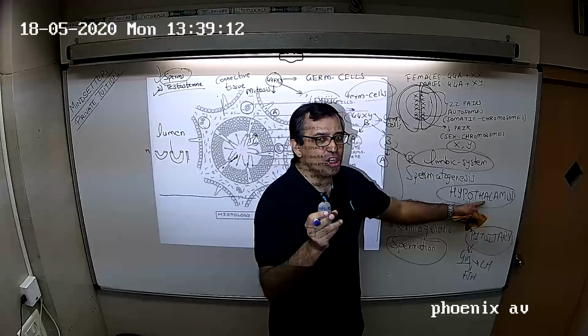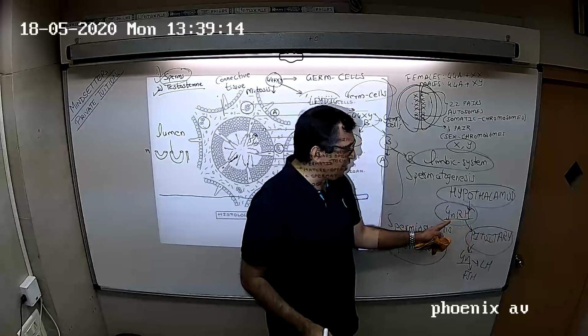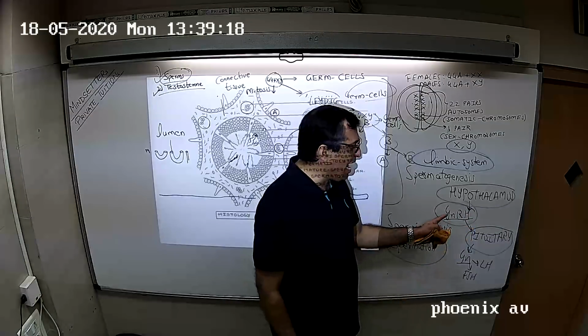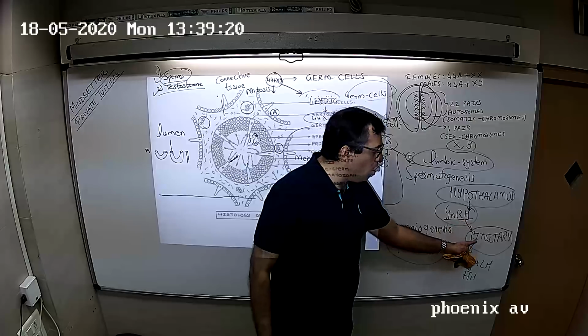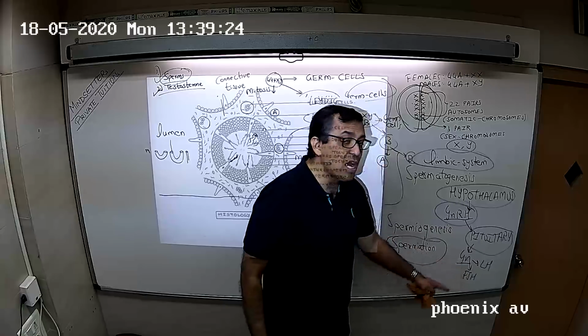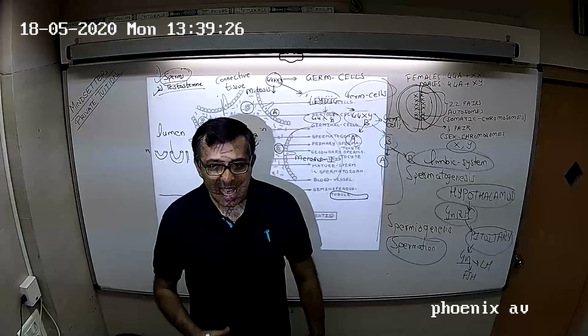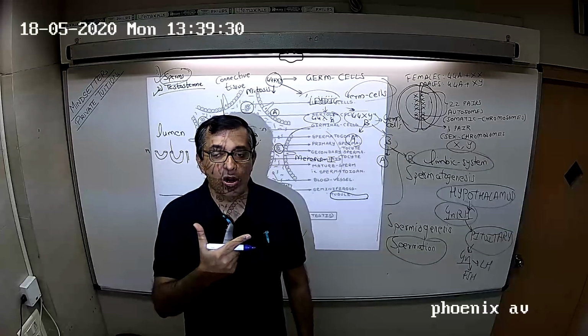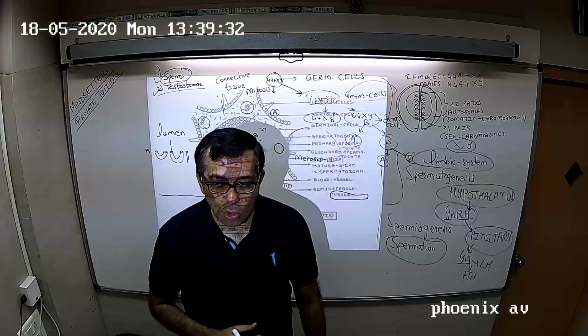So once again, at puberty, your hypothalamus biological clock starts giving out gonadotropin releasing hormone. Gonadotropin releasing hormone acts on your pituitary gland, and pituitary gland gives out gonadotropins, FSH and LH, follicle stimulating hormone and luteinizing hormone.